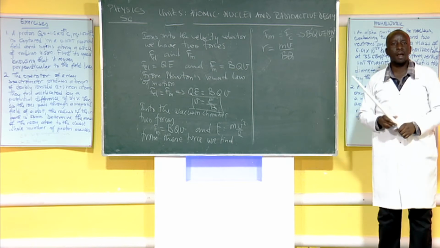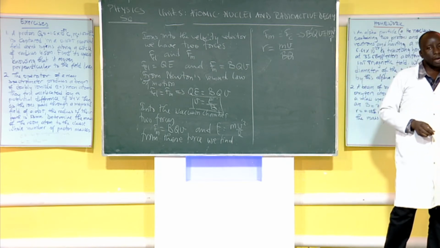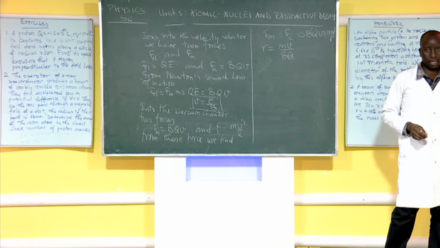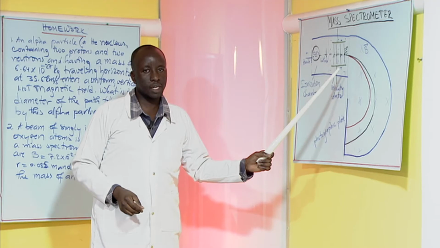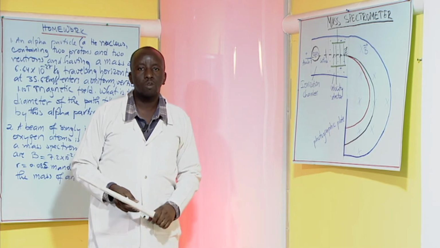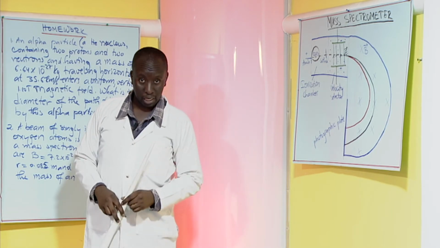When the ions are from the ionization chamber here, they are now accelerated to the velocity selector. So this time, we have the two energies.